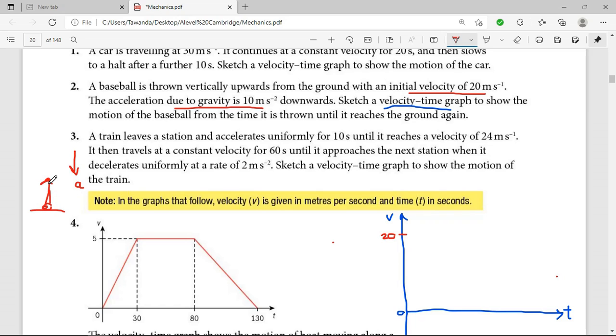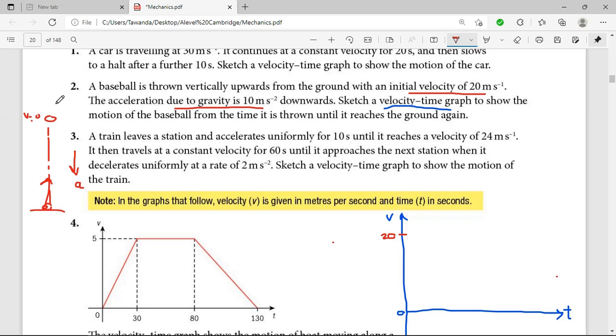When the ball is moving upwards, it reaches the maximum height, and then it will go down again. So when the ball is moving vertically upwards, the velocity is decreasing, because at maximum our velocity is 0.